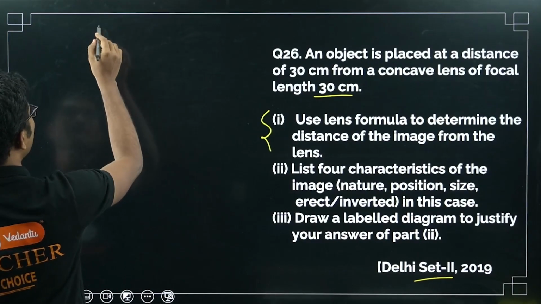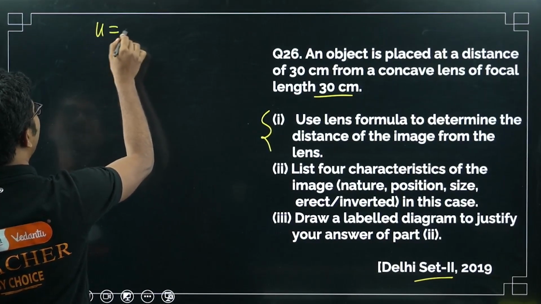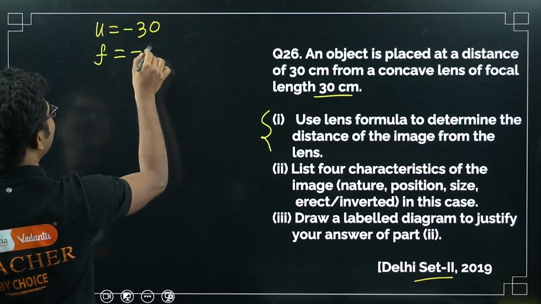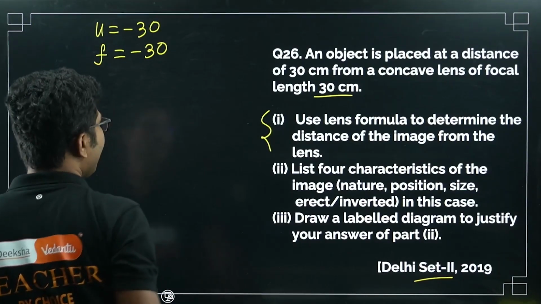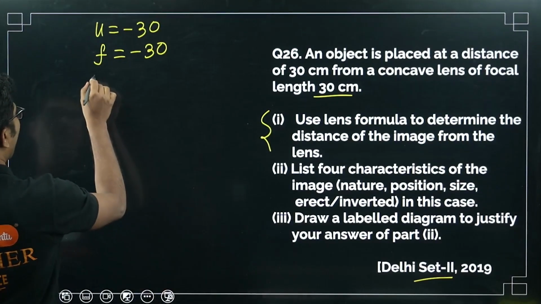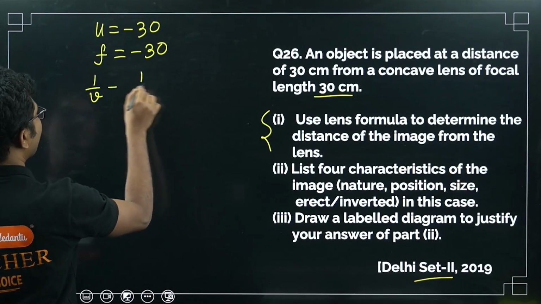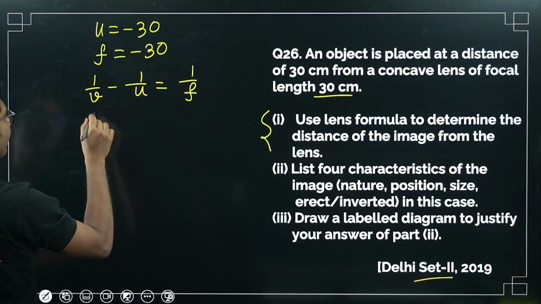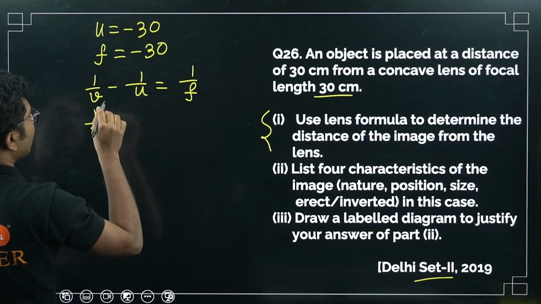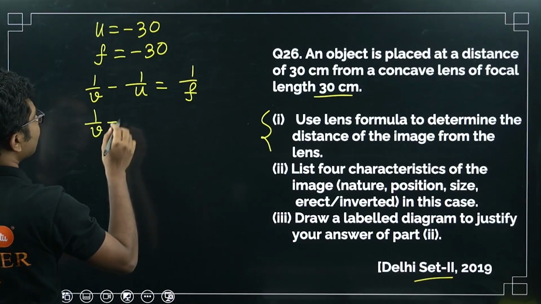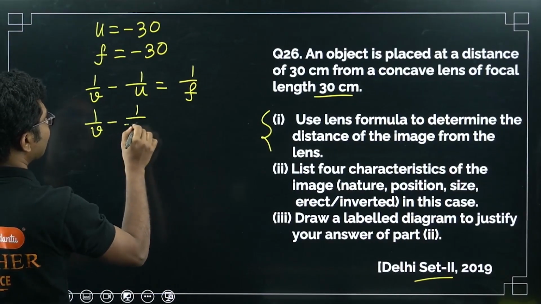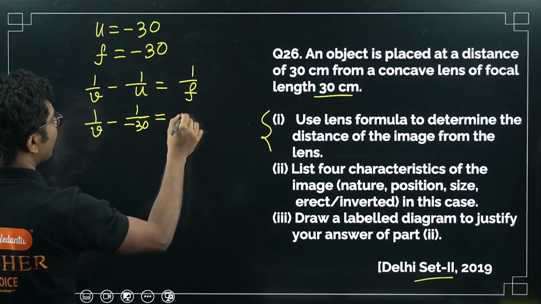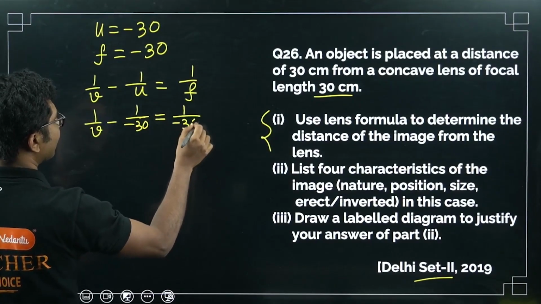Let me show you. So in this case, u is minus 30, f is also minus 30. So what will be v? 1 by v minus 1 by u equals 1 by f. Let me put the values. 1 by v minus 1 by minus 30 equals 1 by minus 30.